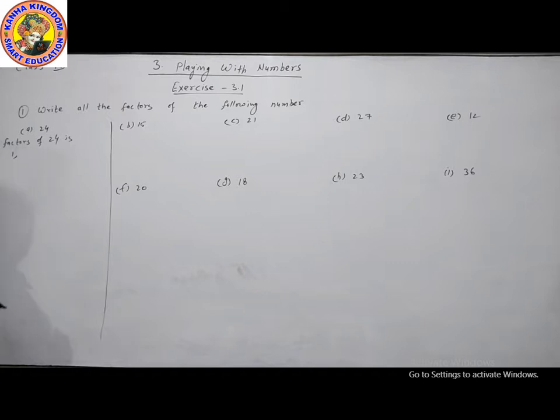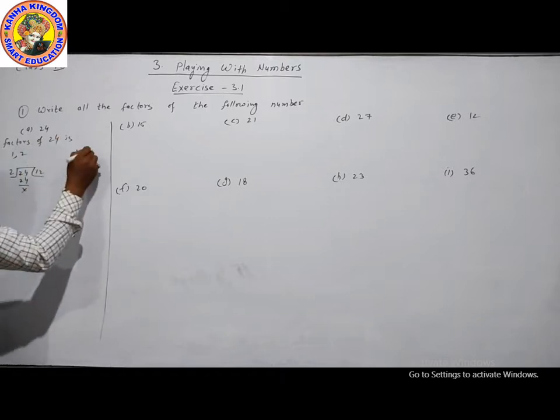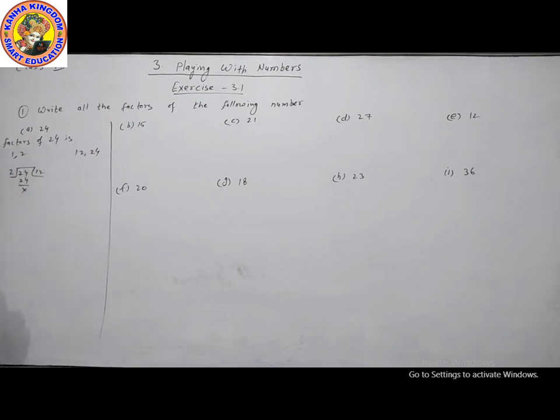Now, by whom can we divide exactly? So 2 is a factor, then 12 is also a factor. 1 is a factor, and the number itself is a factor.